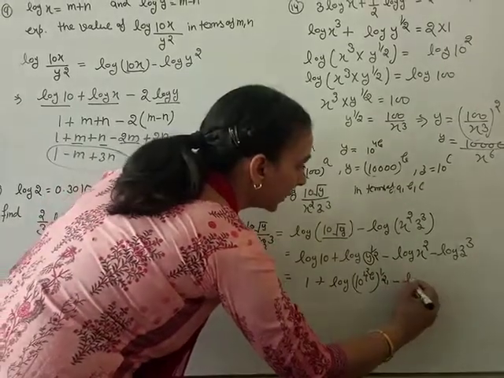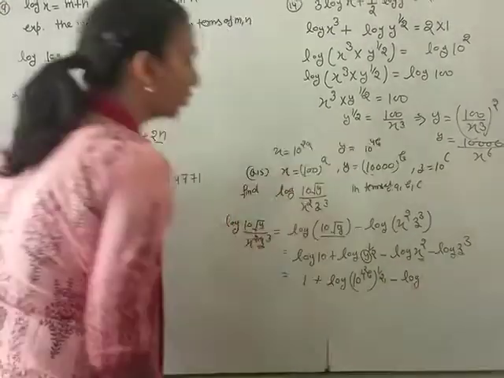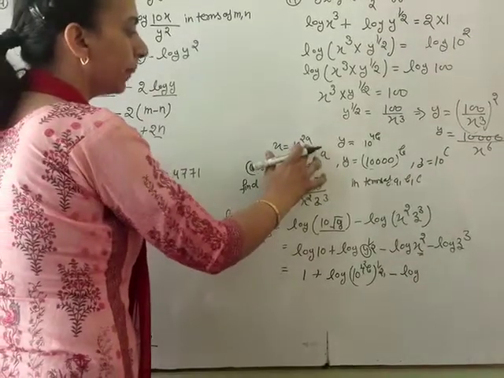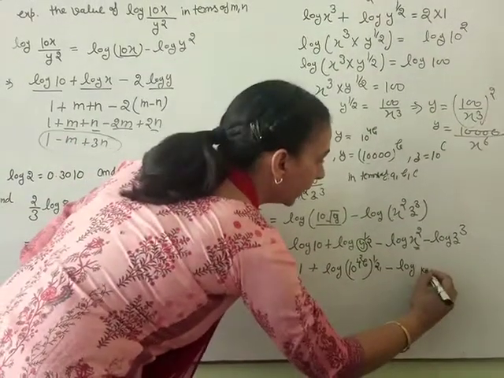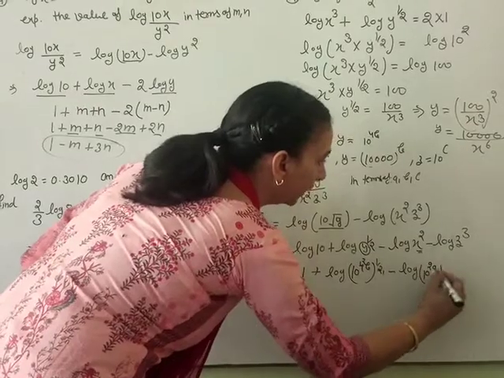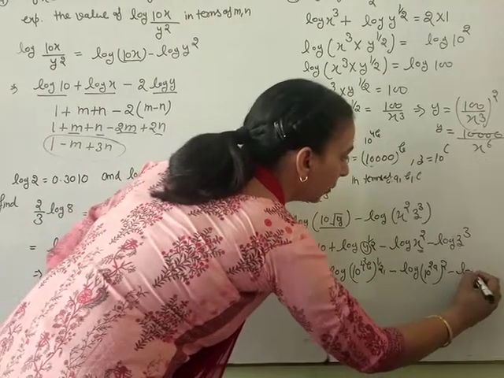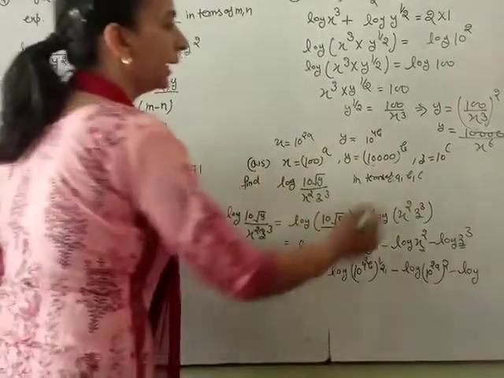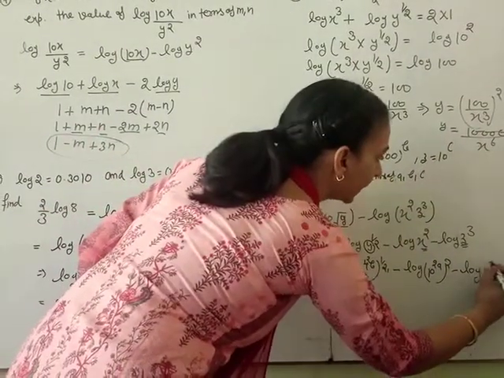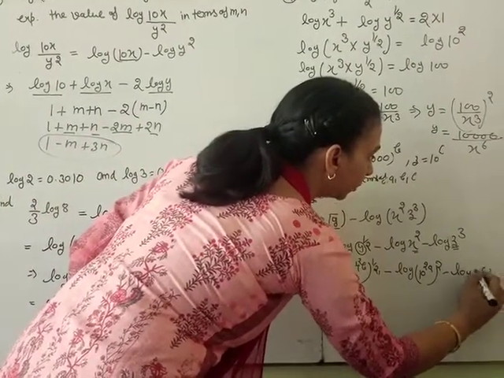Then minus log x, in place of x 10 raised to the power 2a, and then power 2, minus log z, in place of z 10 raised to the power c and raised to the power 3.